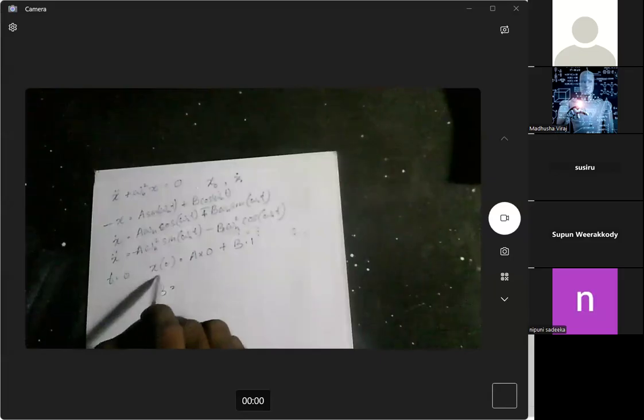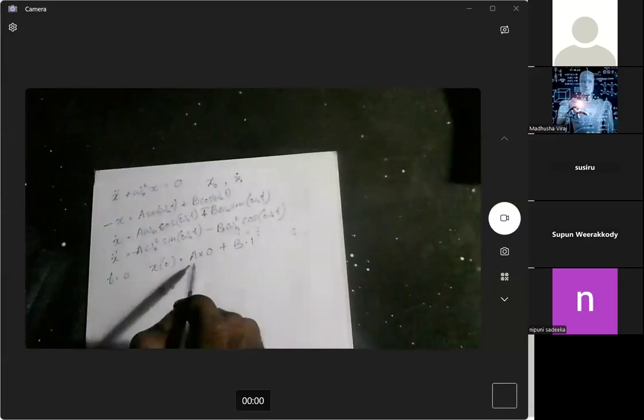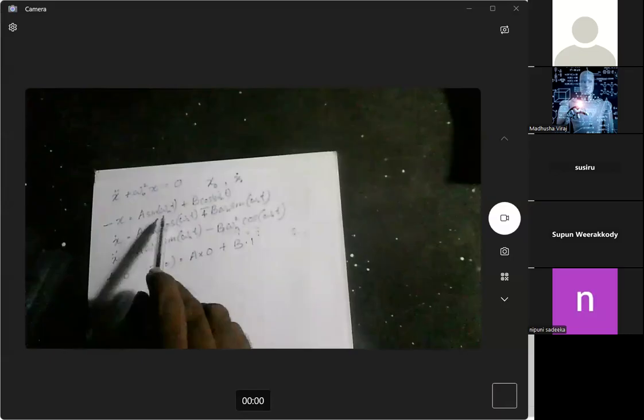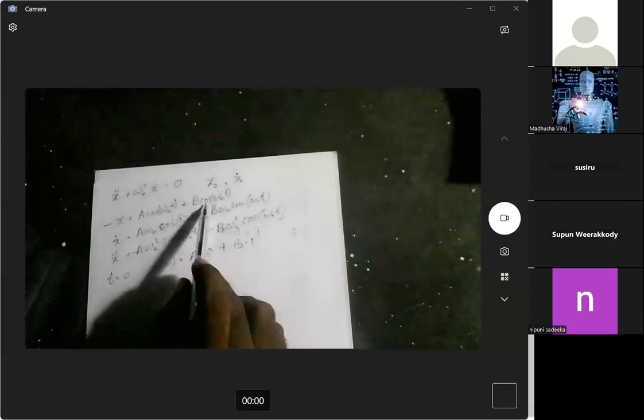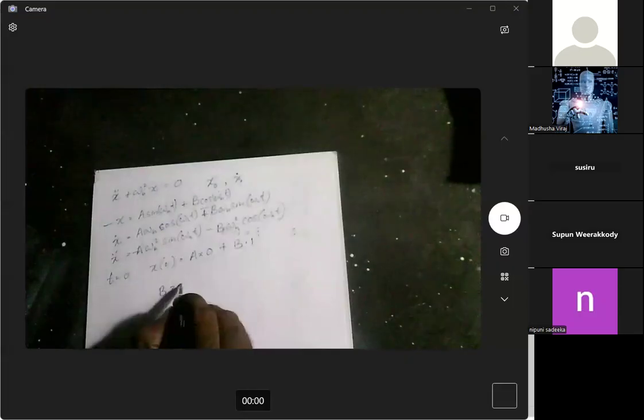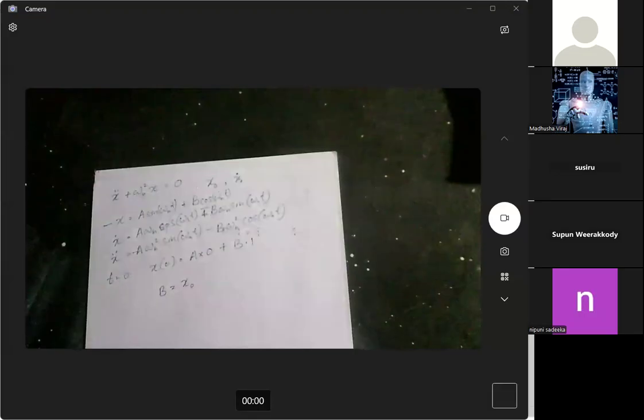So x0 is A sine omega n t, t is 0, becomes 0, and B into cos omega n t, cos 0 is 1, so it is B into 1. That means B is how much? It is x naught, right?